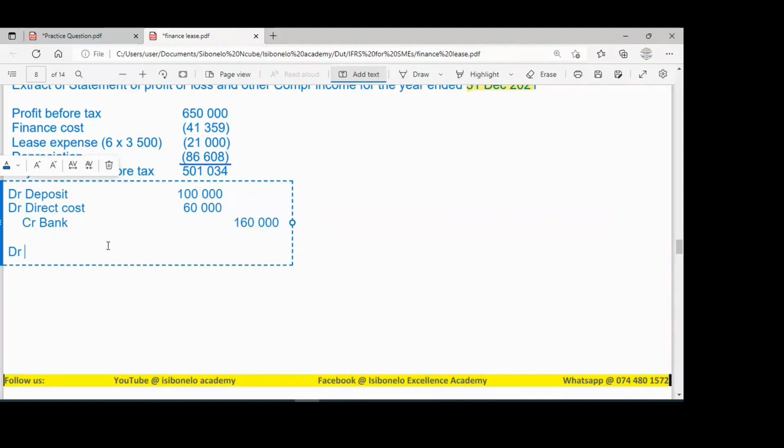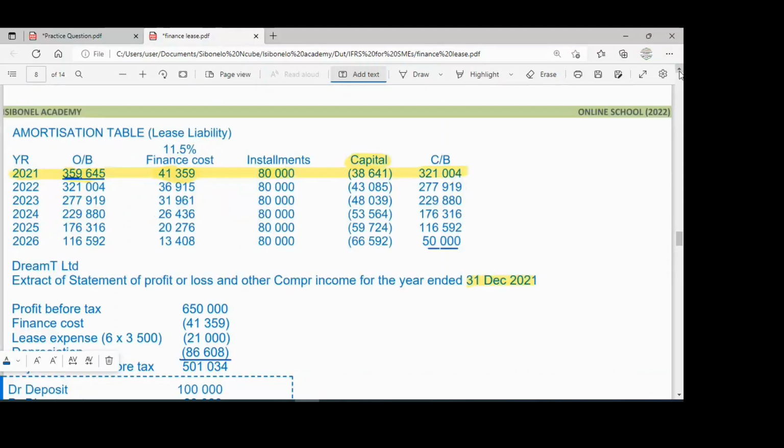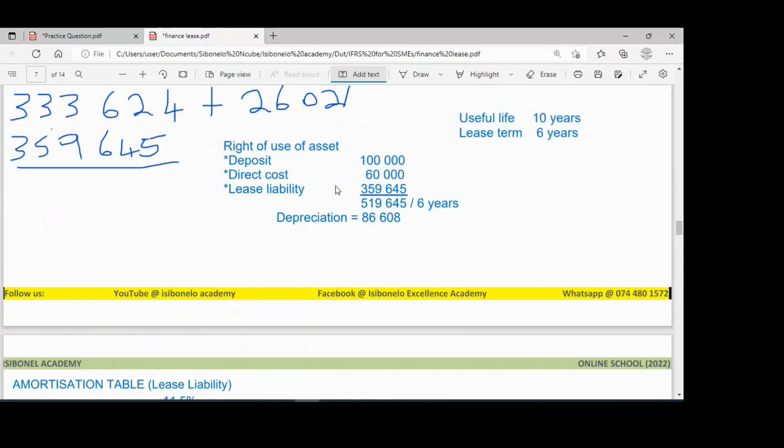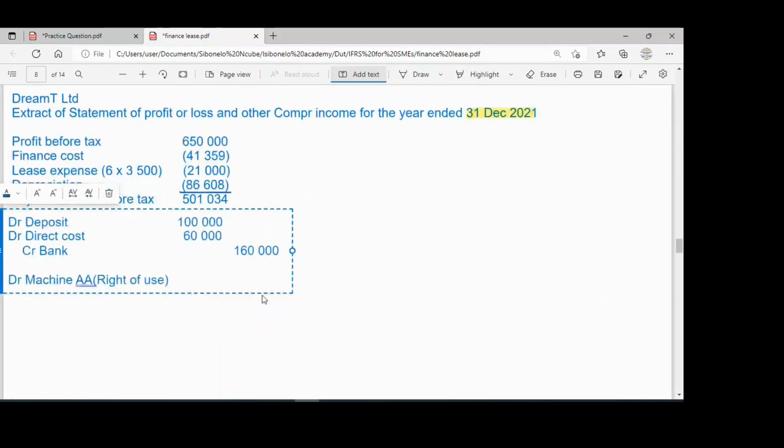So you debit our asset, which is Machine AA if I'm not mistaken. Machine AA. Or here you can also say right of use of the asset. So the machine we are debiting, what is the value of this machine? So we determine its total, which is 519,645. So 519,645. That is the asset.